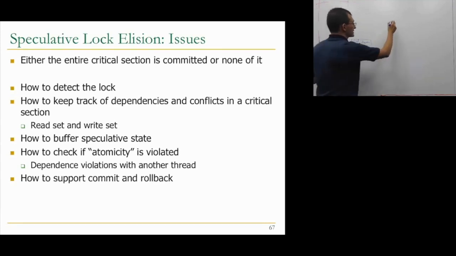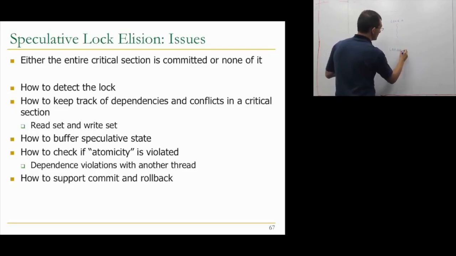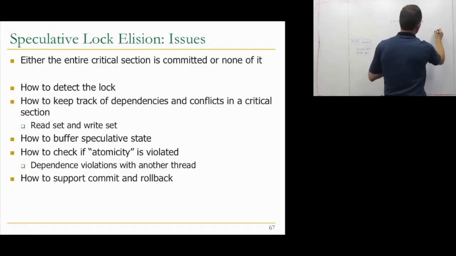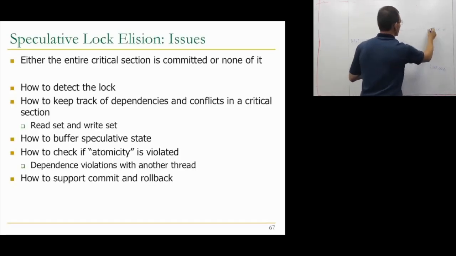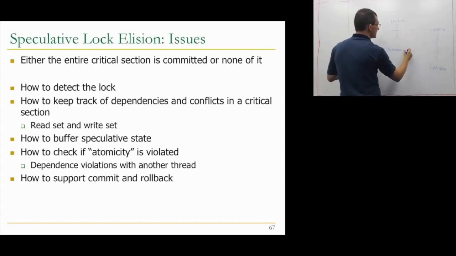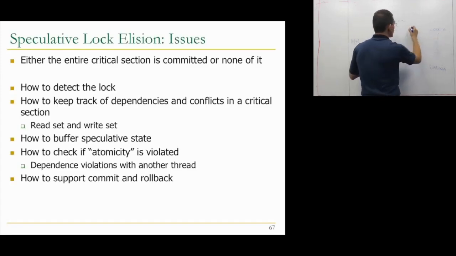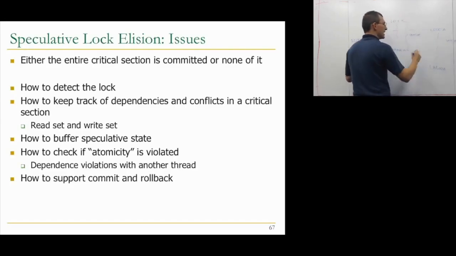Let's say you're executing lock A on this core, and there's unlock A, and another core starts executing lock A over here, and it needs to go to unlock A. If we're going to parallelize this, these parts will execute in parallel, and all the memory locations that are read over here should not overlap with the write set of this one, and vice versa, right?